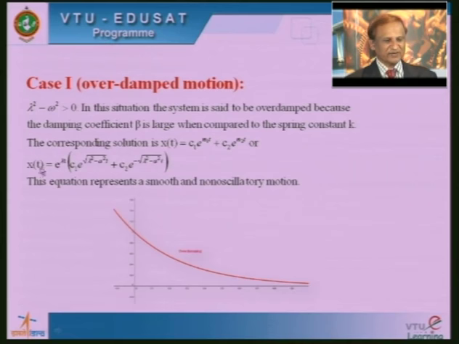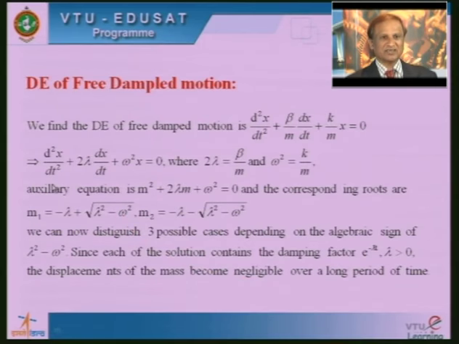So, according to the given equation, we are able to write down x of t is equal to e to the power minus lambda t into c1 e to the power square root of lambda square minus omega square t. Because in the earlier slide I have mentioned, we may obtain roots like this: minus lambda plus square root of lambda square minus omega square.